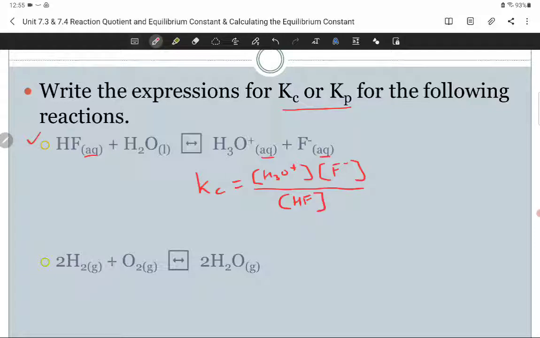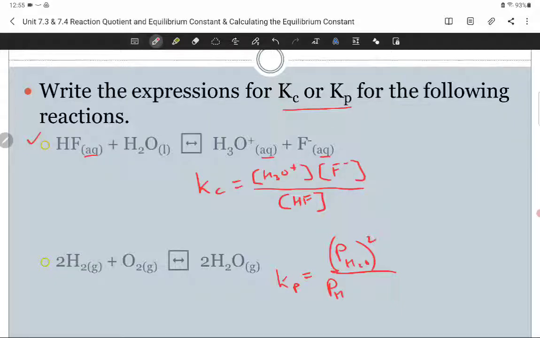I could write a Kc for this one also. Gases can have concentrations, but I'm going to go and do a Kp for this one. Okay, so partial pressure of water raised to the power of 2 because it had a coefficient of 2.